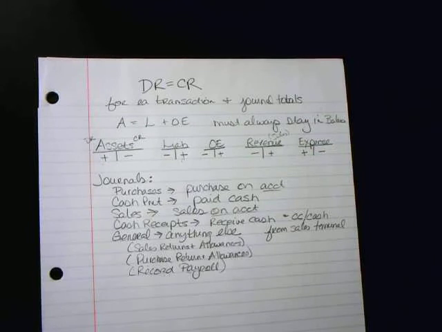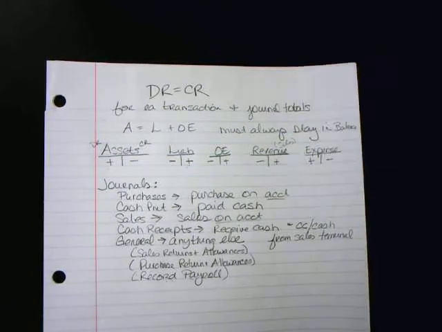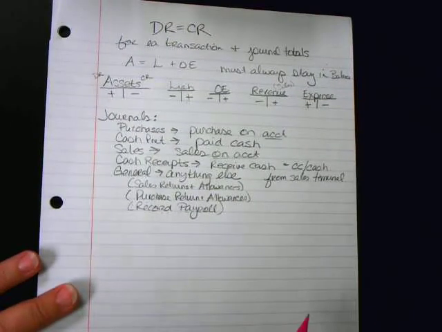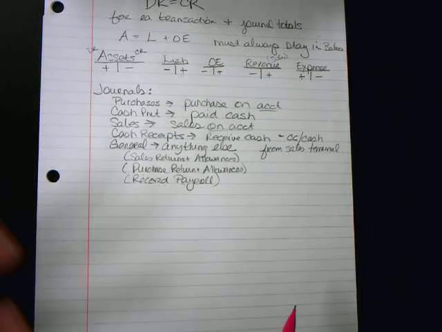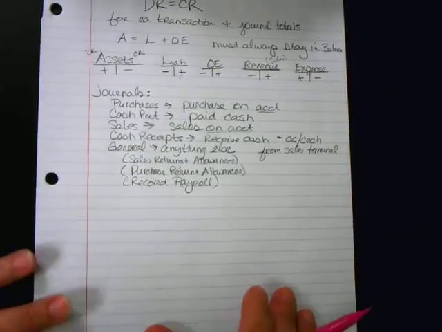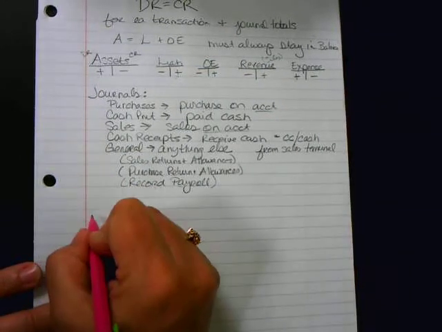So what I want to do now is go through, I should have spread that out a little bit more, but some of the transactions that we'll see in this, and just kind of refresh your memory. Like I said, we're learning a little bit, but we're also reviewing a lot. Okay, so we will have a purchase on account.